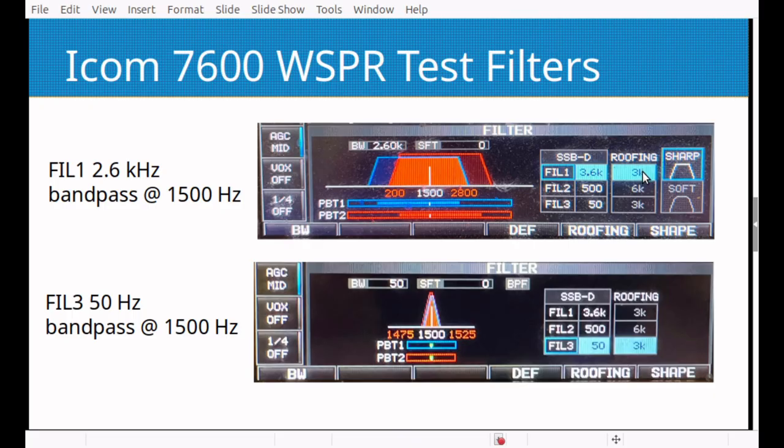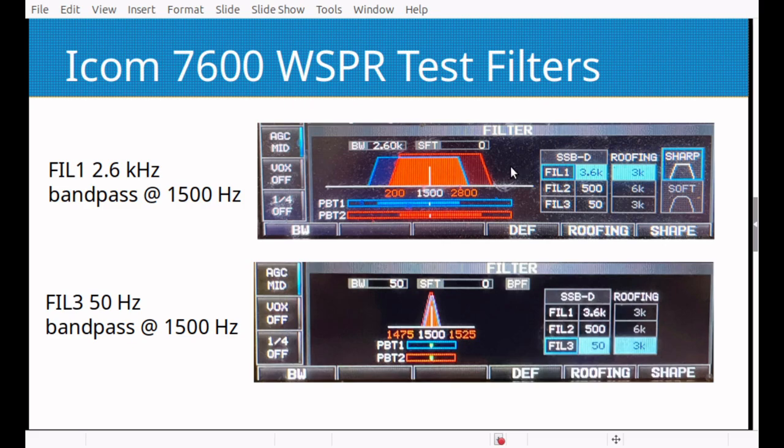There are 3 roofing filters in the 7600 that you can select. These are mechanical filters that are before that second mixer stage. In the 7600, you can choose a 3 kilohertz, a 6 kilohertz, or a 15 kilohertz roofing filter.